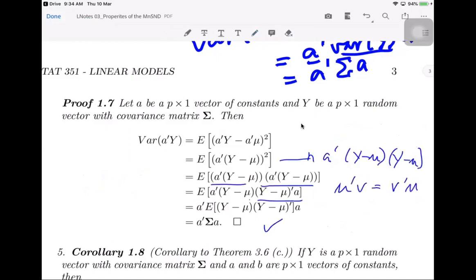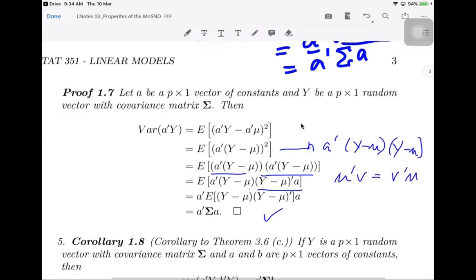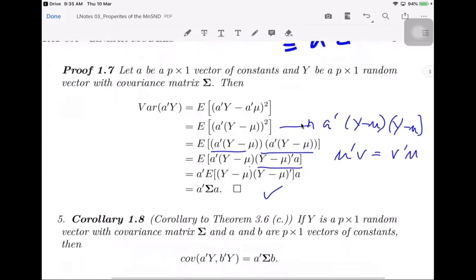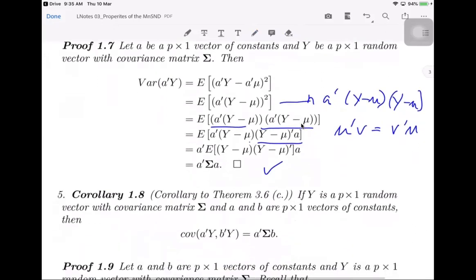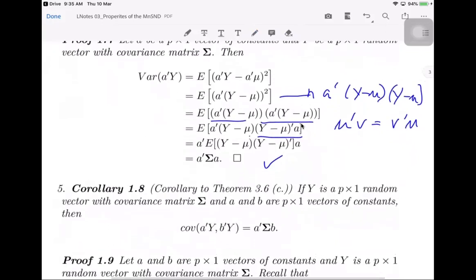Okay. Are you still with me? Yes, ma'am. What is this, ma'am? This summation of A, is it just the variance of Y that is left?